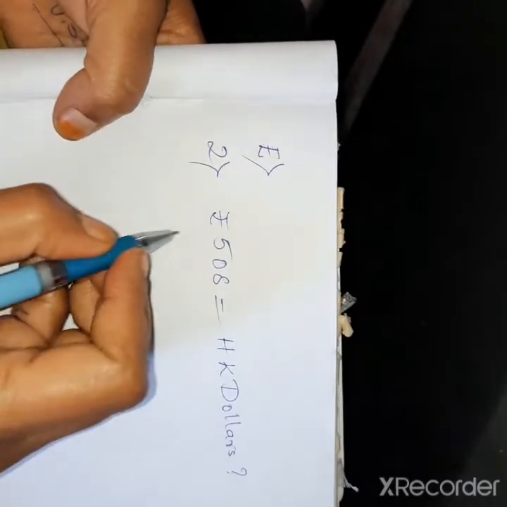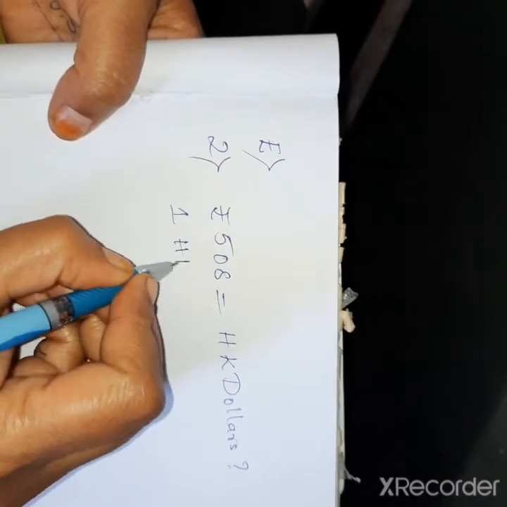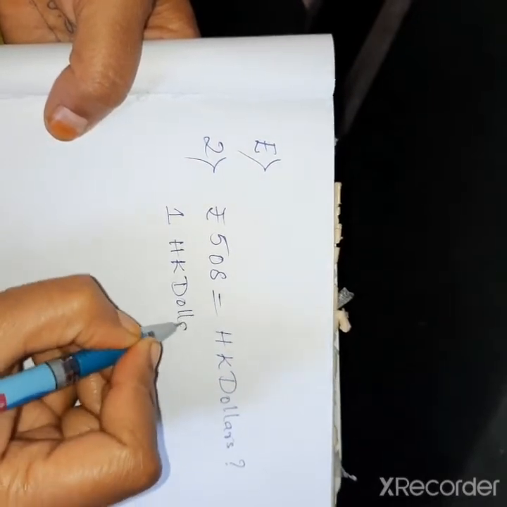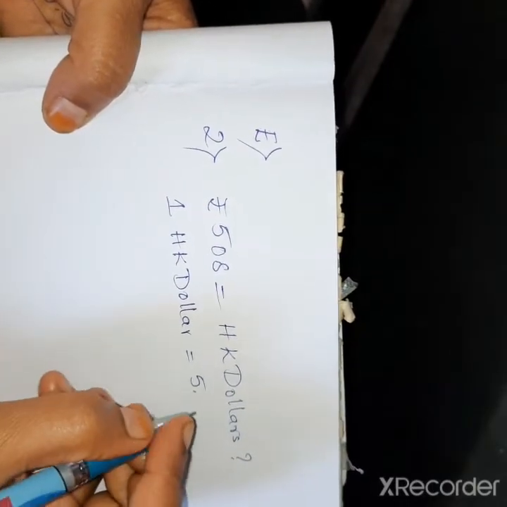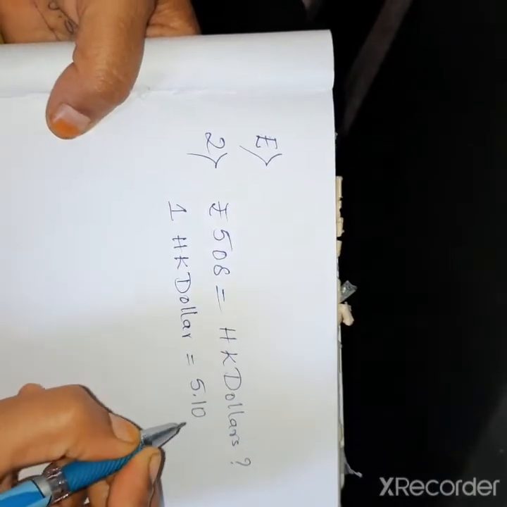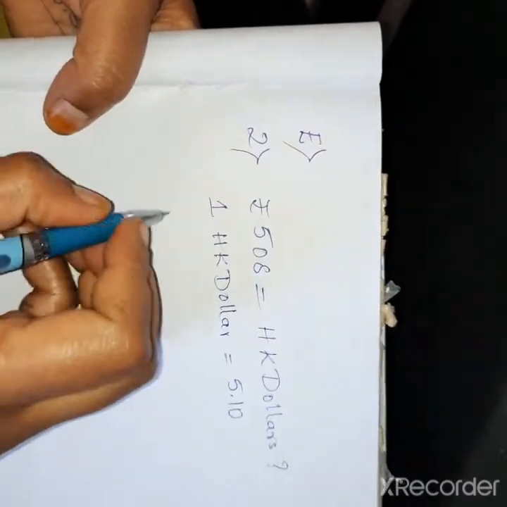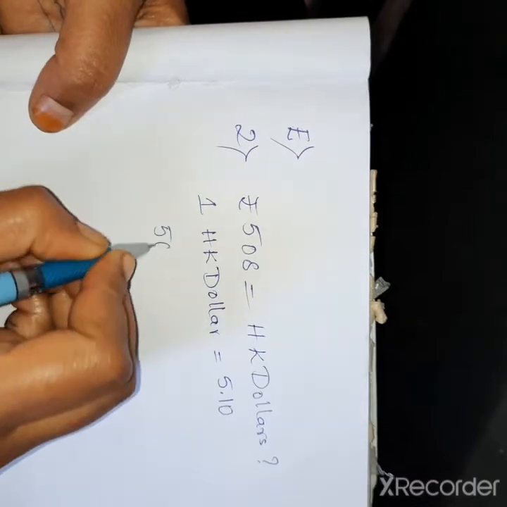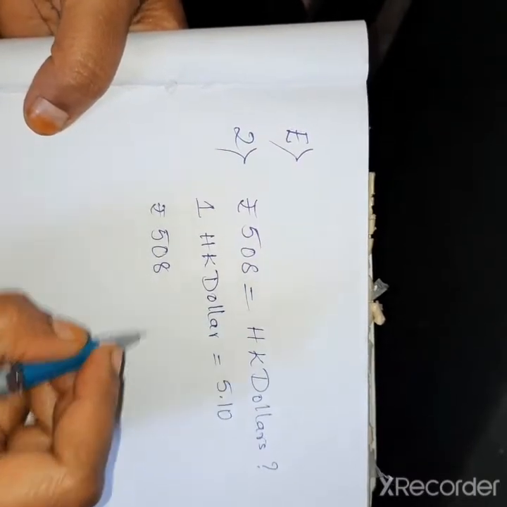From the table we already know that 1 Hong Kong dollar is equal to 5 rupees 10 paisa. This is the Indian currency. Now for 508 rupees, how many Hong Kong dollars she gets? That we have to find out.